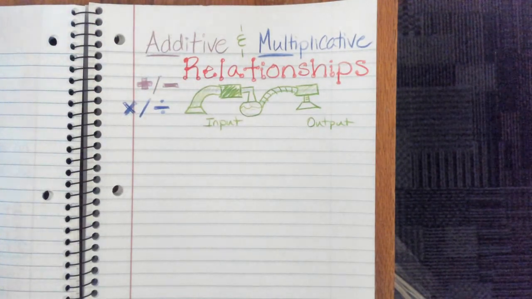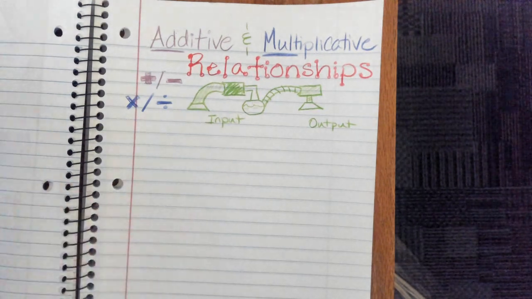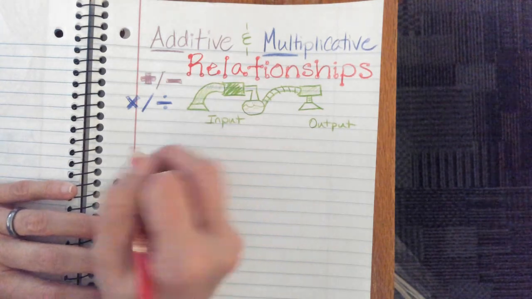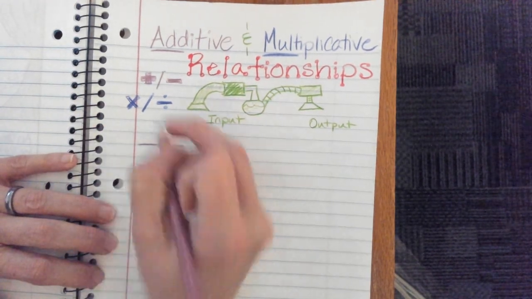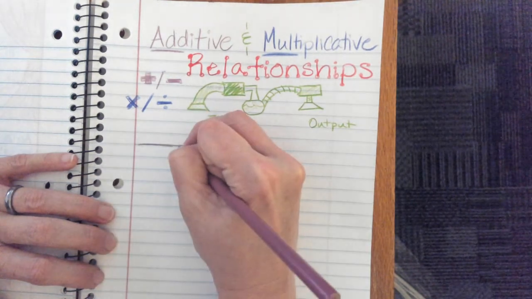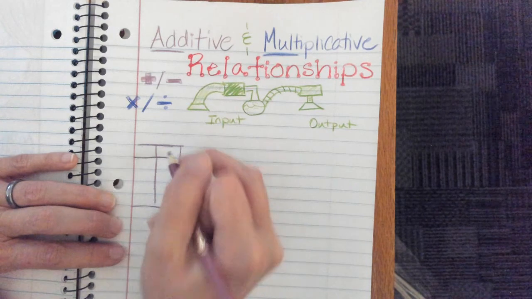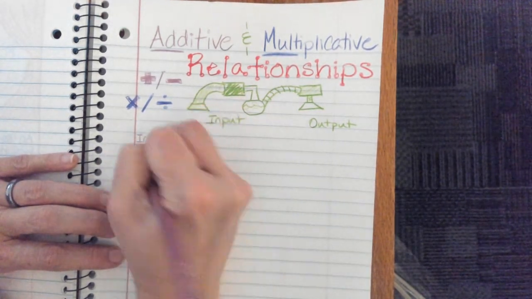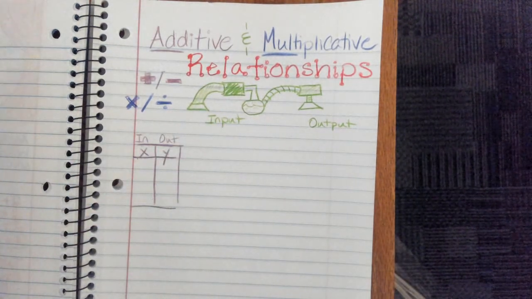So input-output machines and tables have rules. If I have a table, let's make it right here. Whatever I put in, I get something out. And we're starting to look at that as an XY, right?